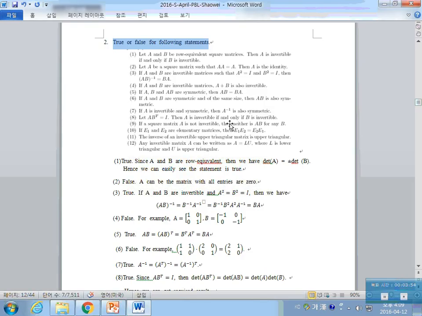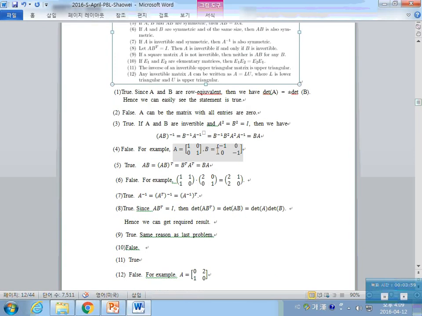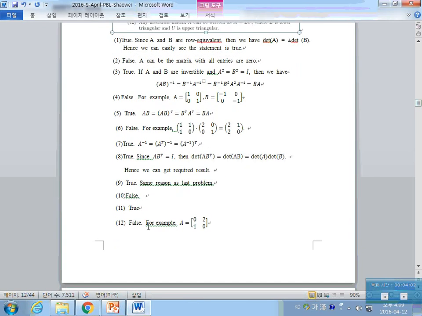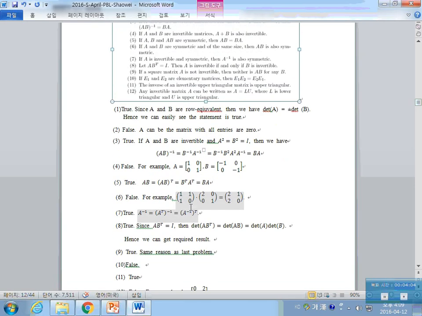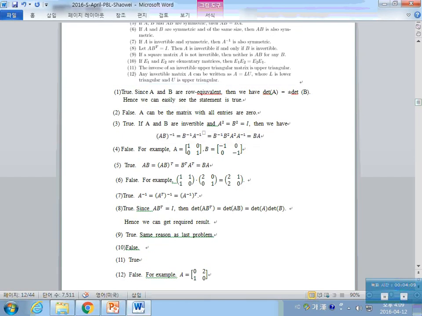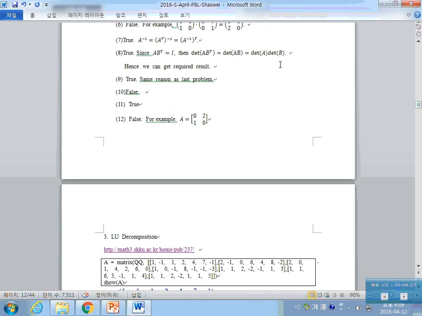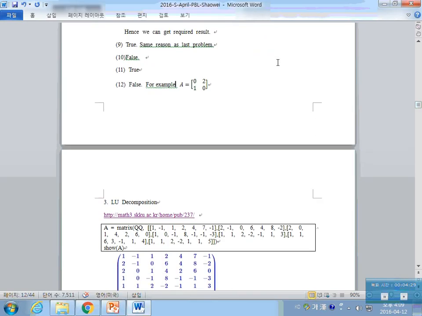I remember that time I brought the answers, and the last part was wrong, because one of you pointed out a counterexample for the last problem. It is not always possible to write it this way. If we use a row permutation or column permutation, then we can always write it like LU. Only a row permutation is needed.